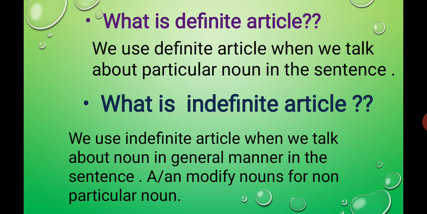So it is uncertain. We don't know which particular boy or girl has a new pen or pencil, whatever, right? And we use A or AN before boy or girl, because A or AN are the indefinite articles.